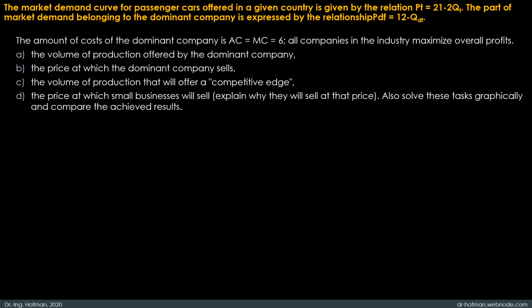C. Determine the volume of production that will offer a competitive edge. And D. The price at which small businesses will sell. Explain why they will sell at that price. And also solve these tasks graphically and compare the achieved results.